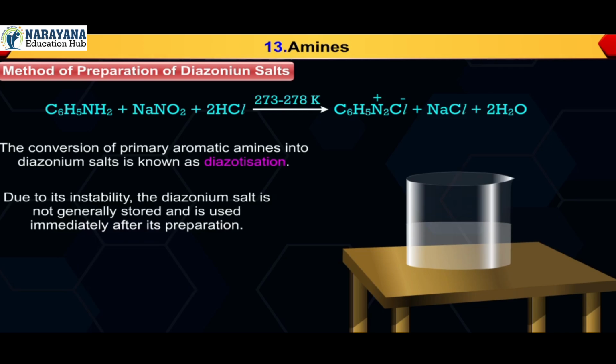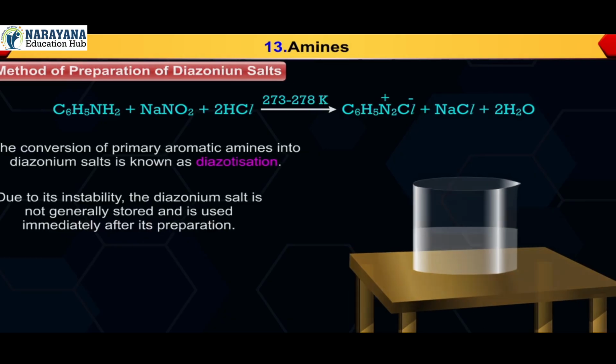Due to its instability, the diazonium salt is not generally stored and is used immediately after its preparation. The equation is as follows: C6H5NH2 + NaNO2 + 2HCl at 273 to 278 Kelvin gives C6H5N2+Cl- + NaCl + 2H2O.